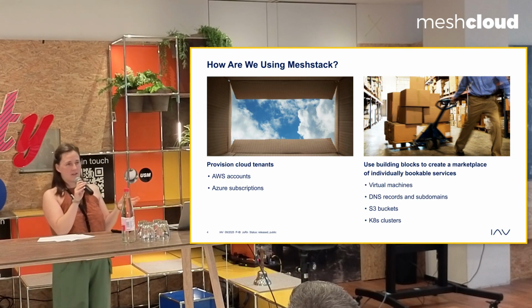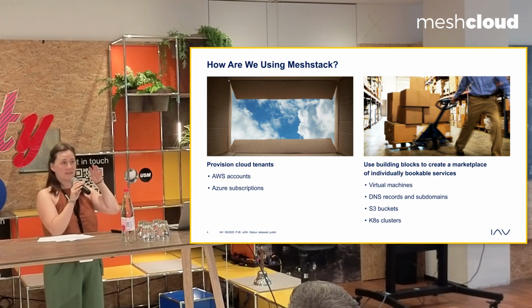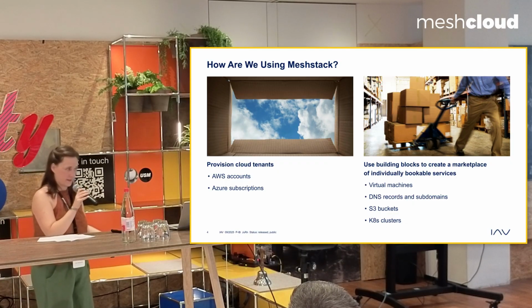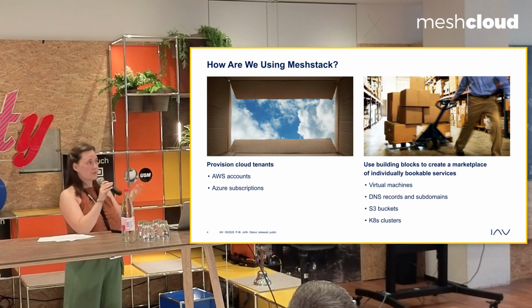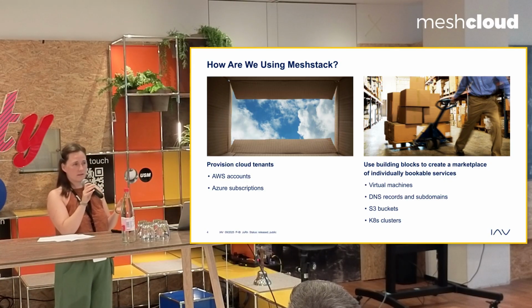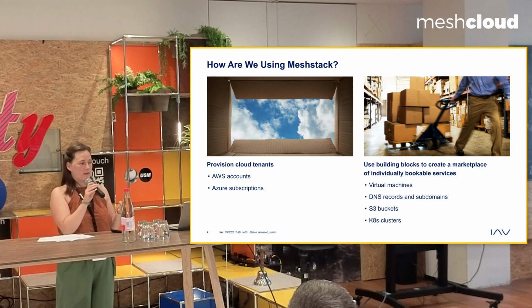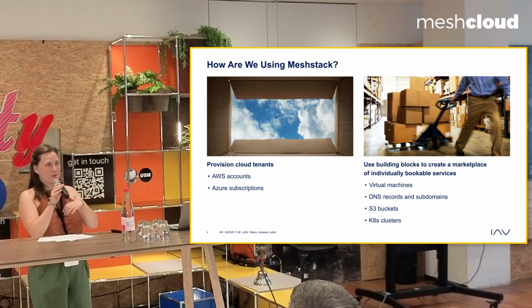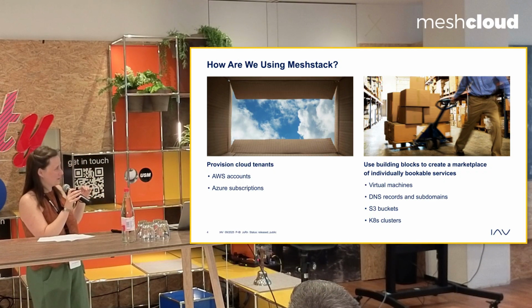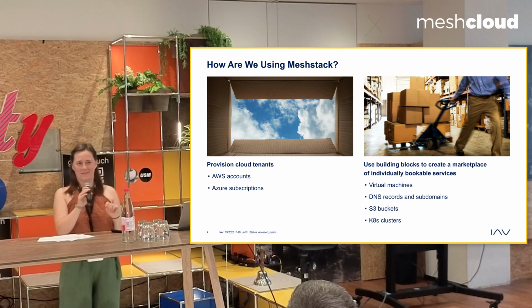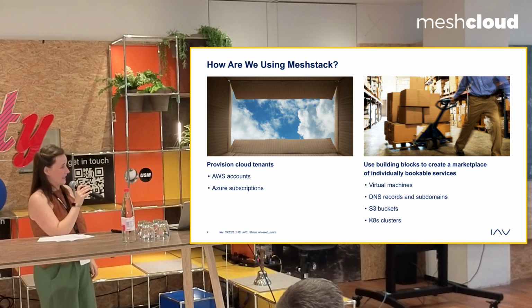So not as an add-on to an existing cloud account, but in order to provision a service. So we have a virtual machine service. You can create DNS subdomains and records, and S3 buckets, and you can talk to me about all of these later if you want to. But today we're talking about the Kubernetes clusters that we also provide as a building block.